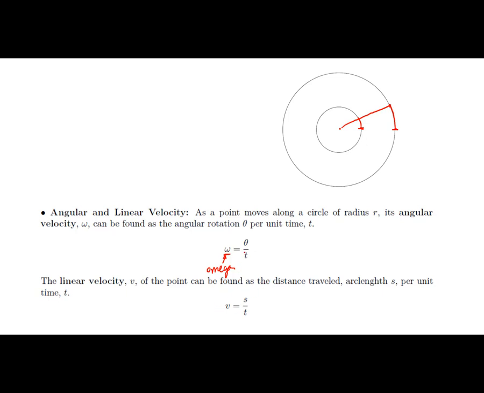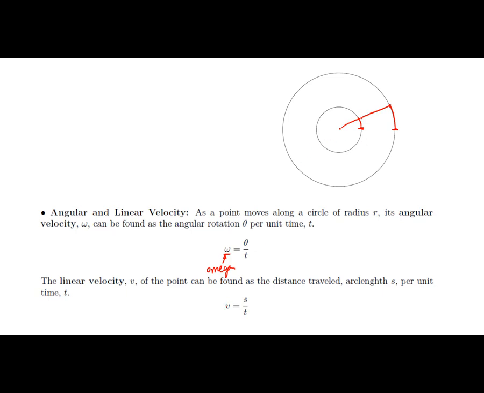It's just theta divided by time: how many radians do you cover in a given amount of time? And then linear velocity would just be the arc length covered in a given amount of time. So we'll use omega for angular velocity and v for linear velocity.